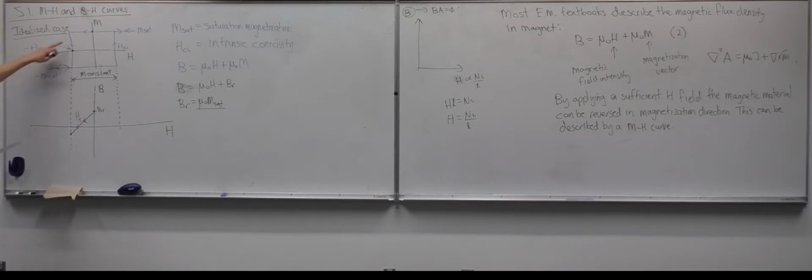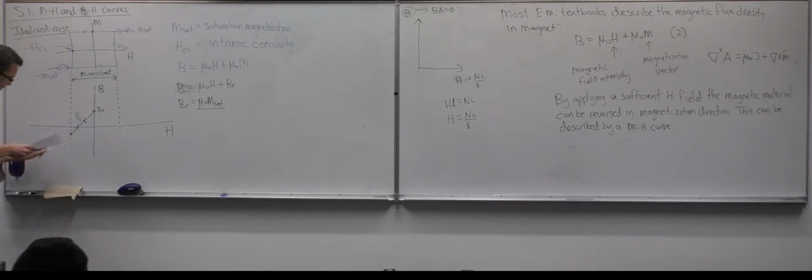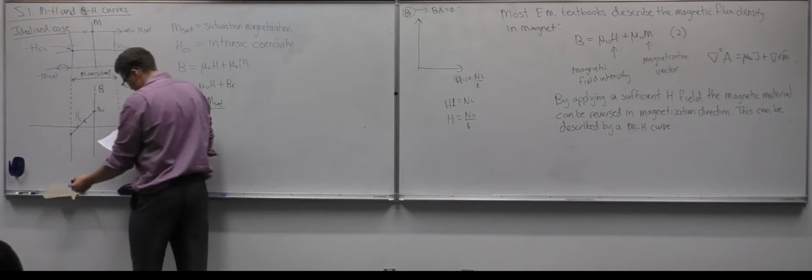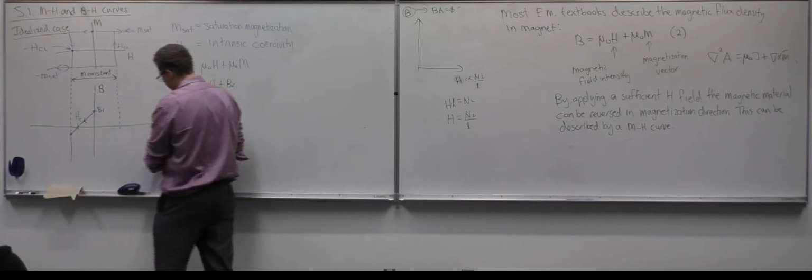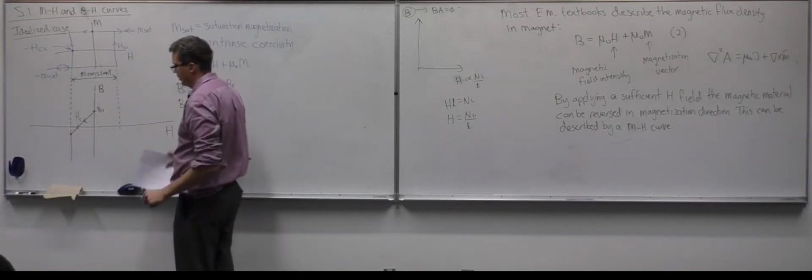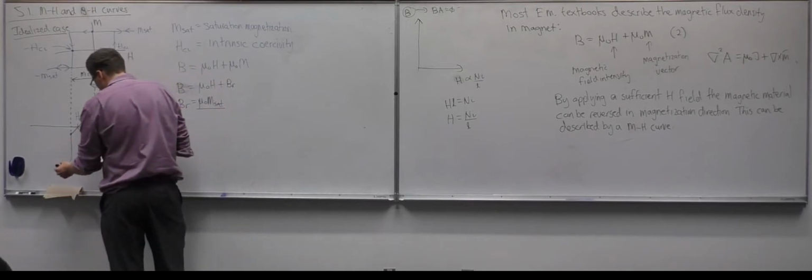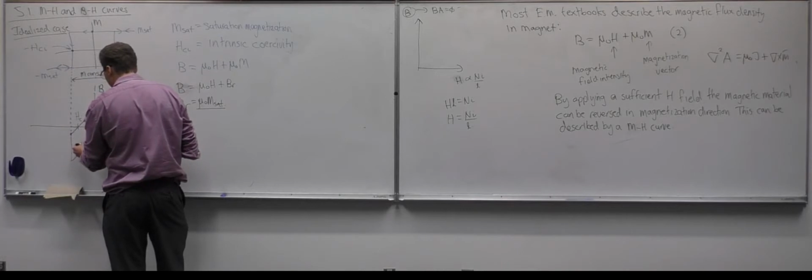This is where the magnetization vector flips. Rather than pointing positive, it's pointing negative. And so now this shoots down to below. Now, if we start taking off the field, then we move up on this alternative path here.